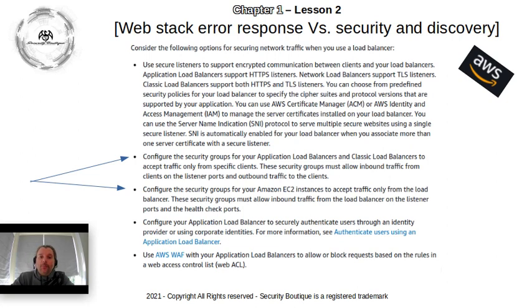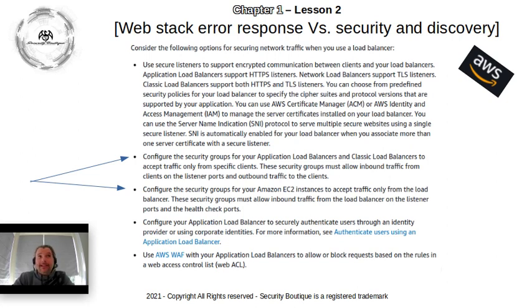This security group must allow inbound traffic from clients on the listening port and outbound traffic. So the idea is to know who can contact you. Don't let them bypass the layer. Configure the security group for your Amazon EC2 instance to accept traffic only from the load balancer. And so it's not that you establish a gateway and you're done. As you notice, some of these rules are configuration related. And you see how a good design can have a bad implementation.